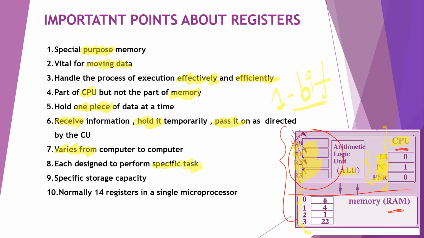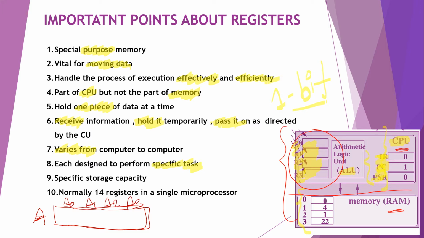Next point is specific storage capacity. Let's take one example. Suppose I have register A. A single register can store only one bit at a time, but let's say this series of A has four registers inside this range: A0, A1, A2 and A3.